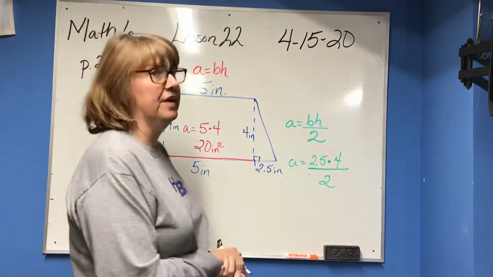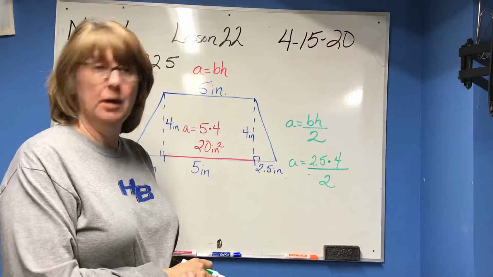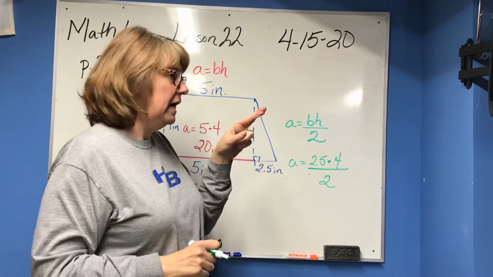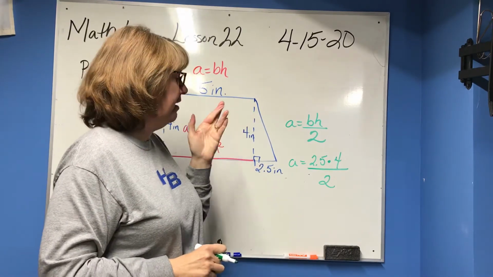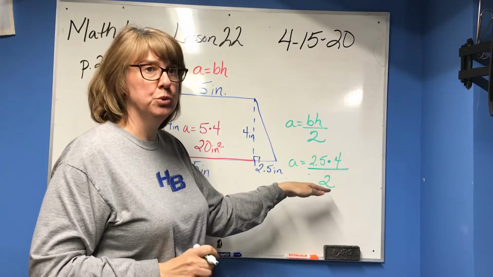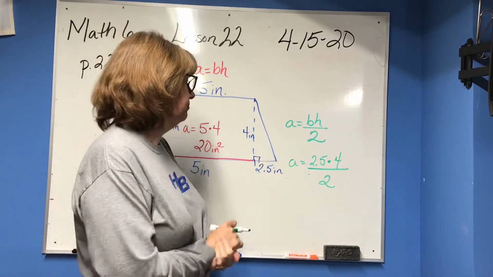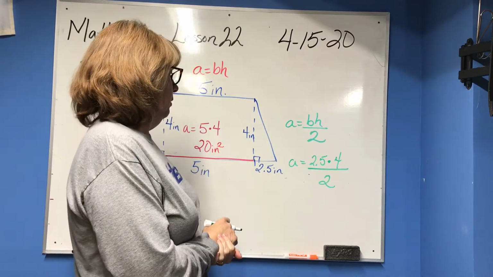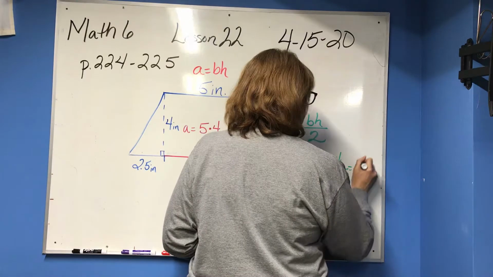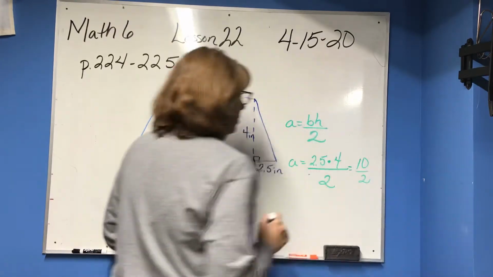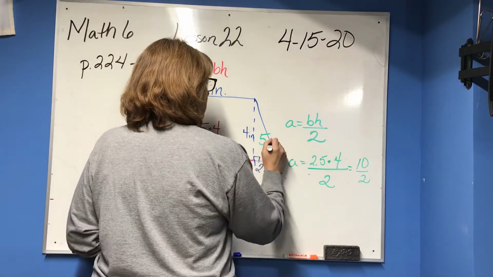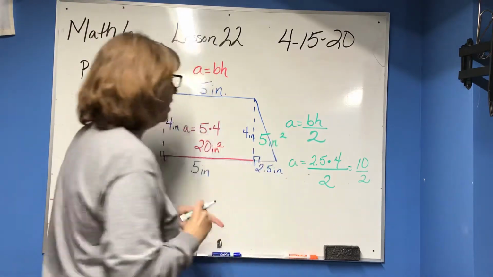So 2.5 times 4. If you have a calculator, grab it. Go ahead and multiply. 2.5 and 2.5 is 5, so that's going to be 10 divided by 2, right? Check it on your calculator. So the area for my triangle is 5 inches squared.